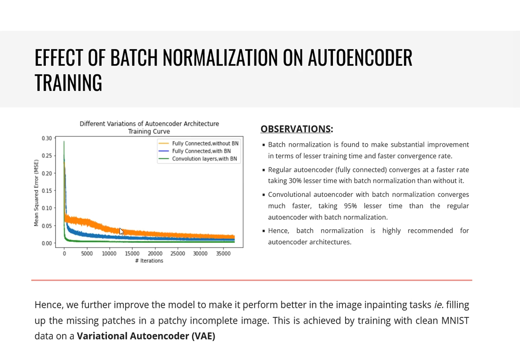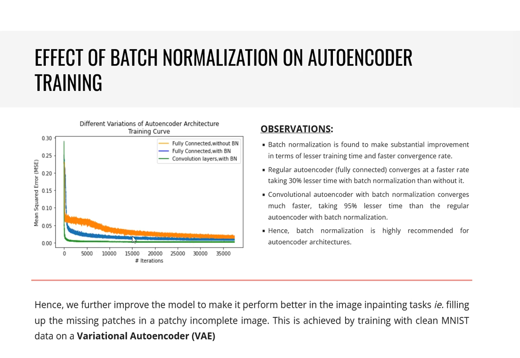So here the orange line is a fully connected or regular autoencoder network without batch normalization between the layers. As you can see, it takes quite a lot of iterations before it could finally converge to a value closer to what the blue one, which is fully connected with batch normalization, attains in 30% less time than the orange one.